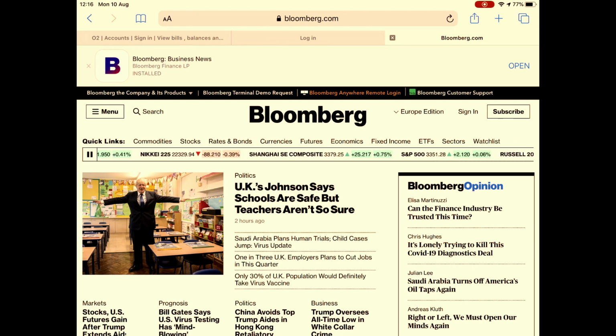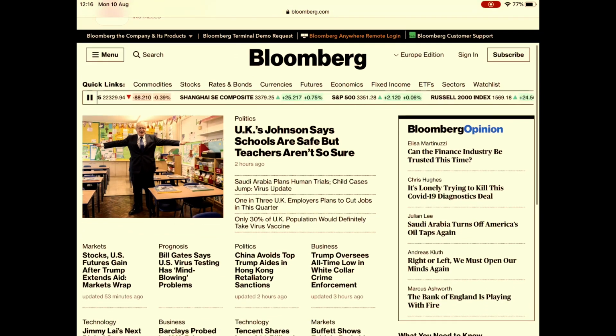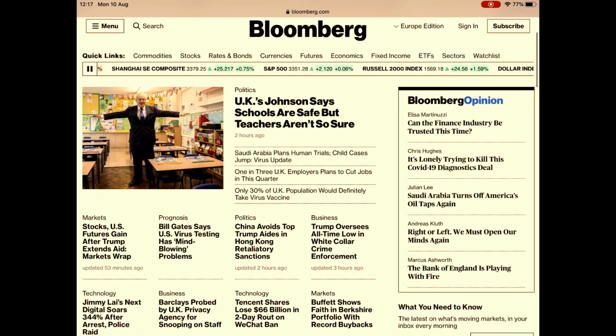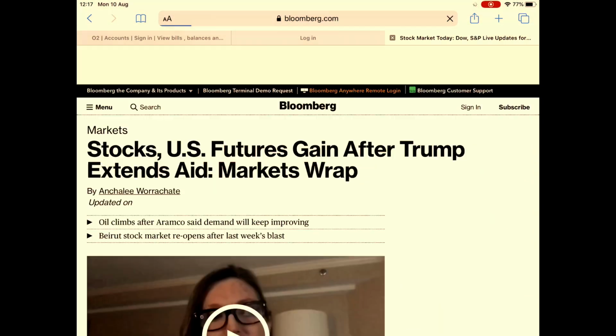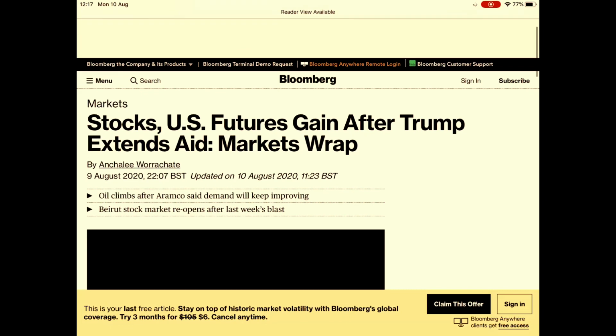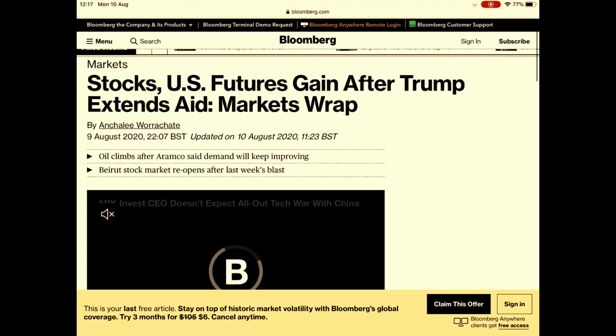I use this on a daily basis, as just another part of my analysis. For example, we can see today that the Dow is rallying over the extension that Trump has basically signed off. So again, a really quick way to identify market sentiment of the day.